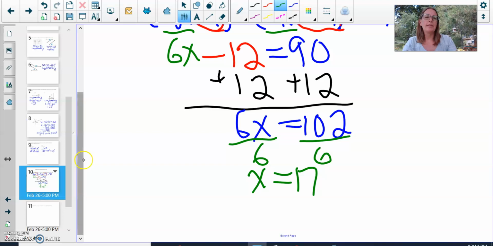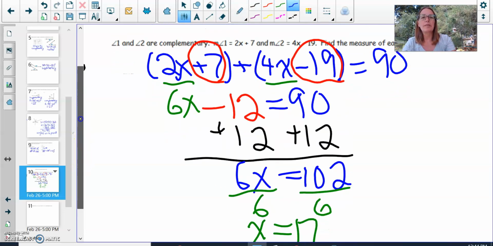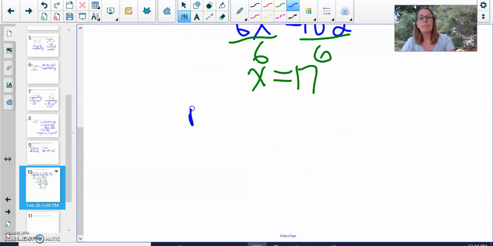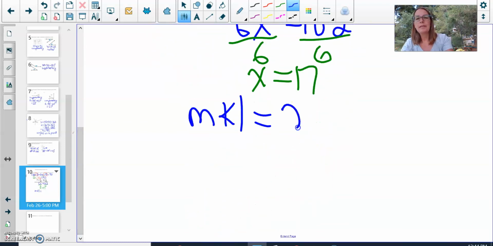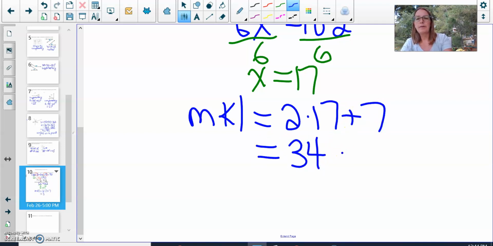But now the question didn't want me to just find the value of x this time. They wanted me to find the measure of each angle. So the measure of angle 1, that expression was 2x plus 7. So it becomes 2 times 17 plus 7. That's 34 plus 7, which makes it 41 degrees.